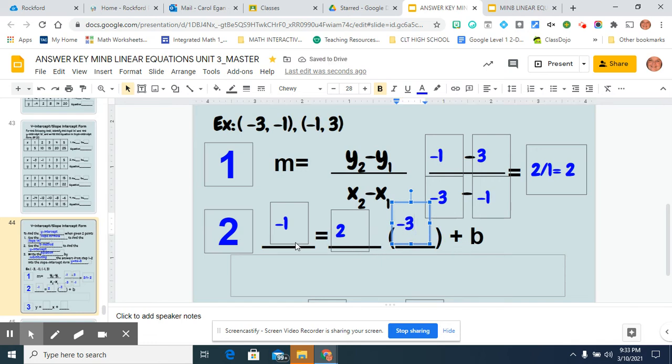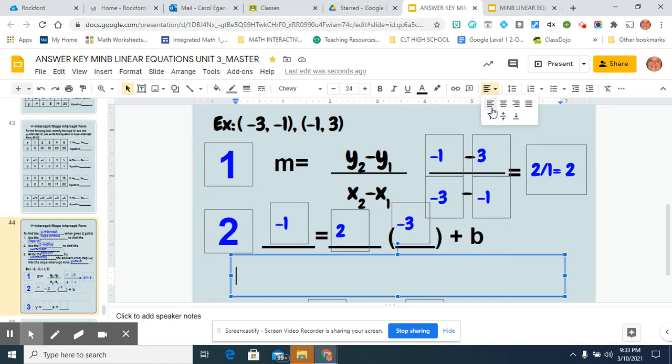And then I have to do the math to be able to solve for b. So I know that -1 equals 2 times -3, which is -6, plus b.